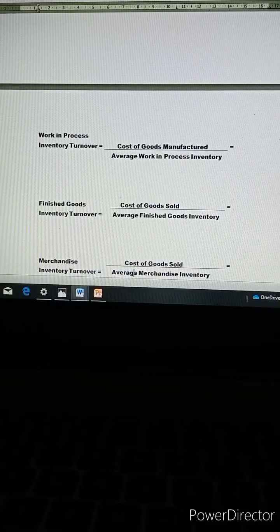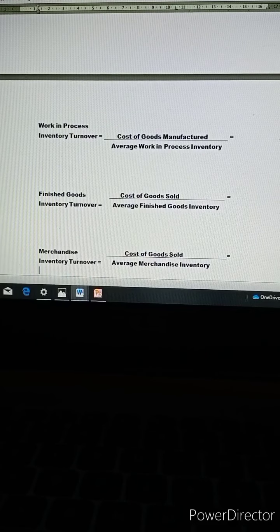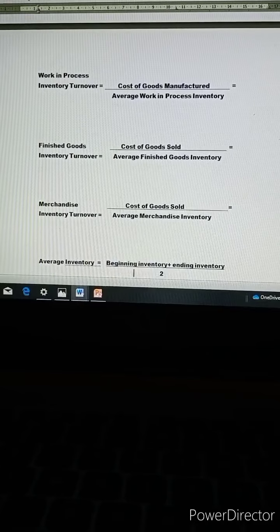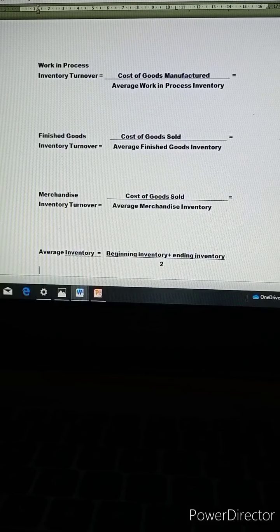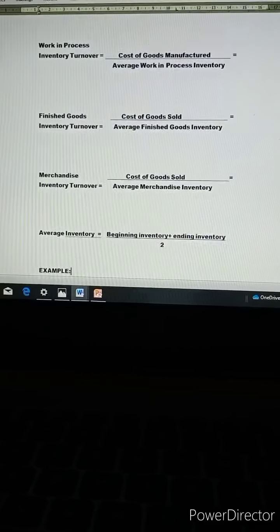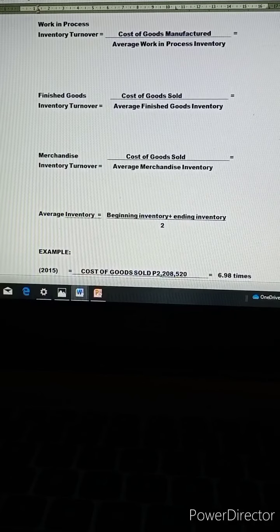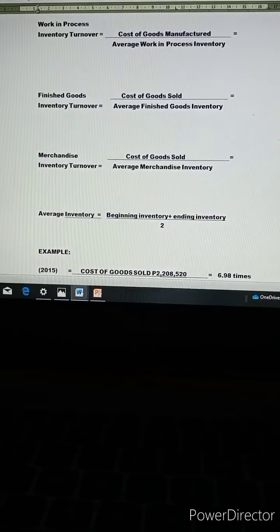Next is finished goods inventory turnover. The formula is cost of goods sold over average finished goods inventory. Next is merchandise inventory turnover. That is cost of goods sold over average merchandise inventory. And then lastly, average inventory is equal to the beginning inventory plus ending inventory over 2.